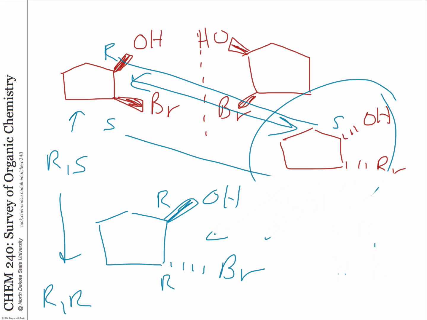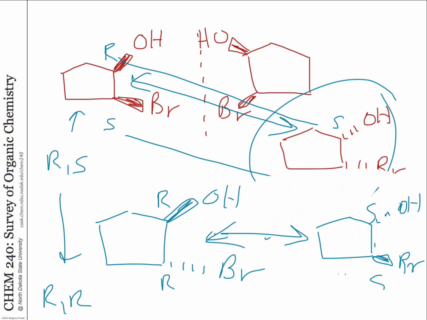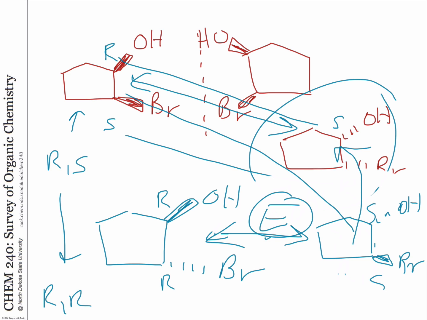So the SS isomer, I'll draw it here, would have OH down, Br up. So the relationship between those two, enantiomers, both are, R becomes S, R becomes S. So those are enantiomers. The relationship between this and this, diastereomer. The relationship between this and this, diastereomer.